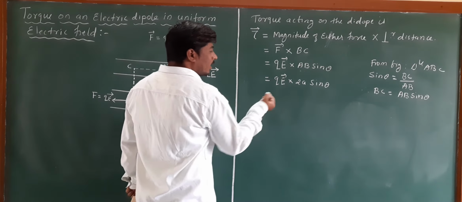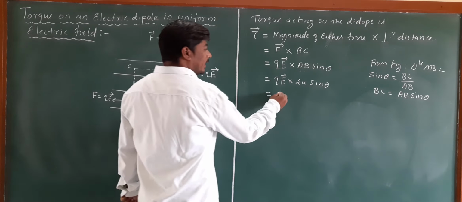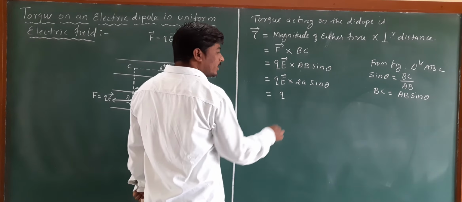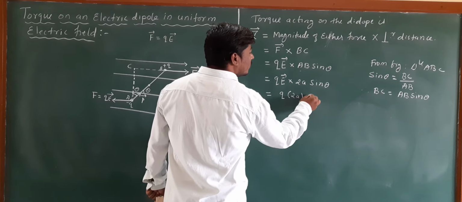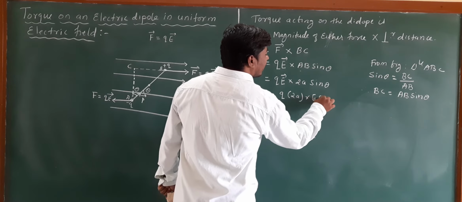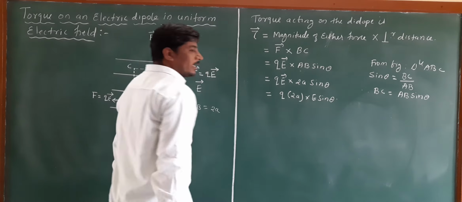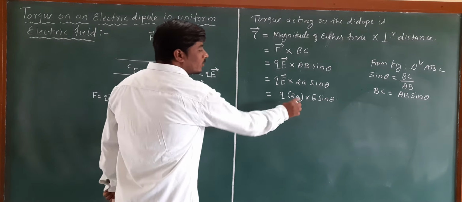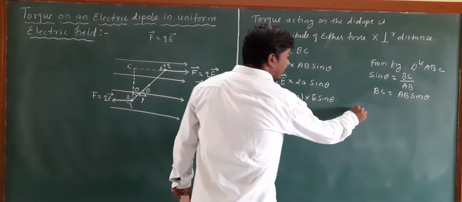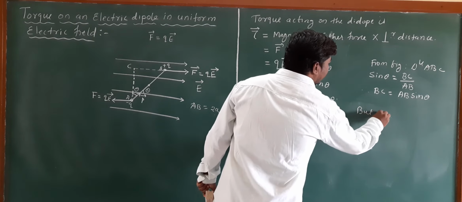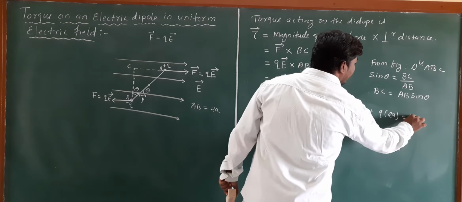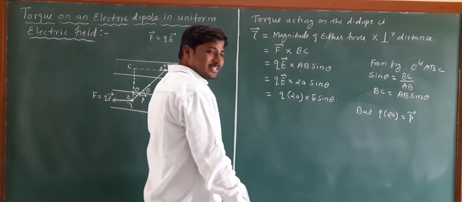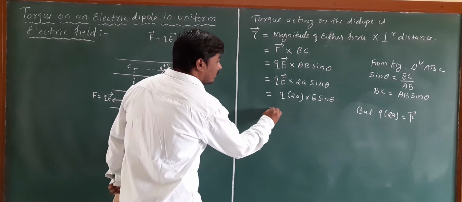So I will write this as Q into 2A into E sin theta. But Q into 2A is nothing but P, the dipole moment.